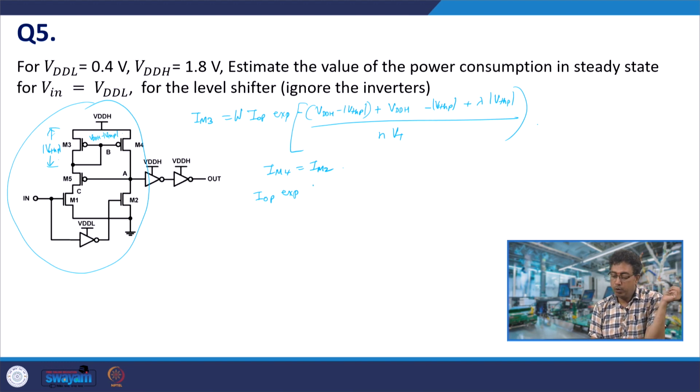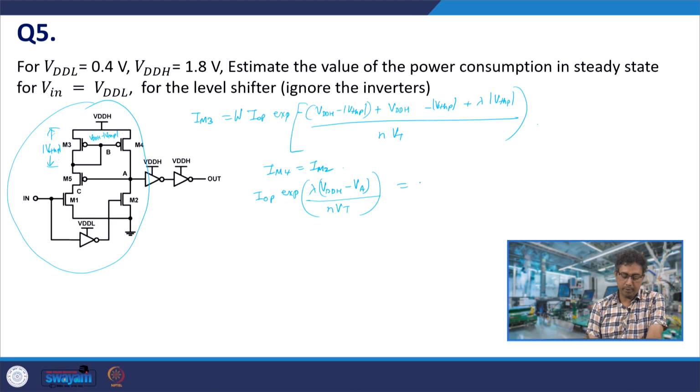And body voltage we can assume 0, since you will have a contact given to VDDH, a well contact. So, this will be exponential lambda VDDH minus VA. This is the VDS divided by NVT.